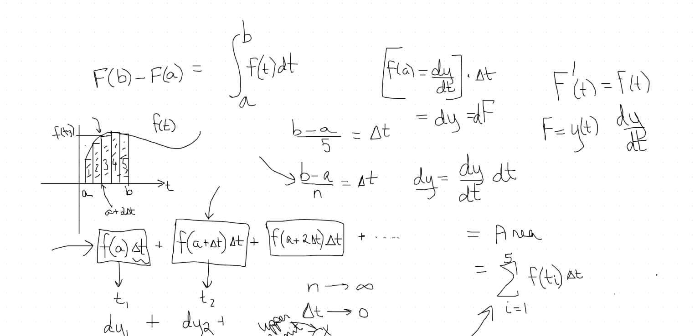We can also find this integral by simply looking at the area underneath the f of t curve, using any tricks we've learned from geometry. So the area under little f of t could then be used to find the net change for an antiderivative for little f.